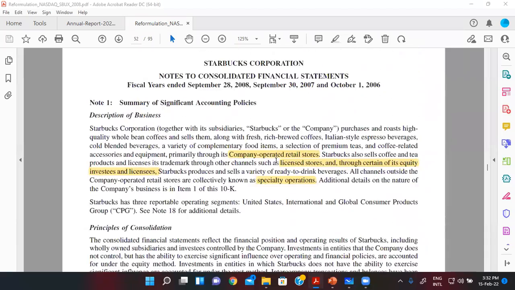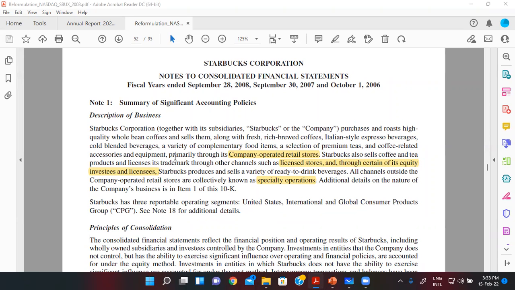You see, together with subsidiaries, they mention that they purchase and roast high quality whole bean coffees and sell them along with fresh, rich brewed coffees, Italian style espresso beverages, cold blended beverages, a variety of complementary food items, a selection of premium teas and coffee related accessories and equipment.